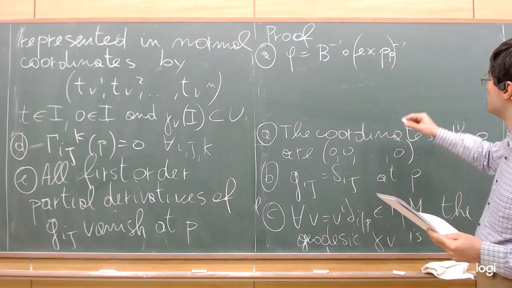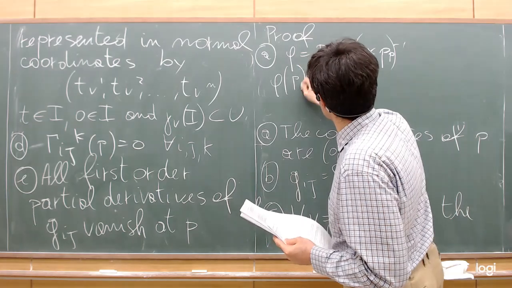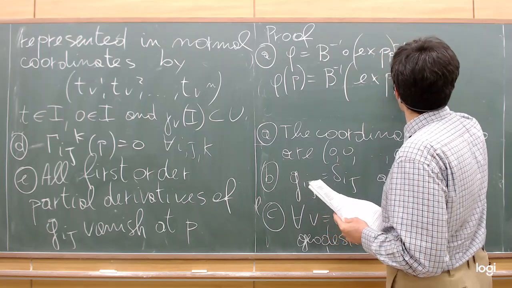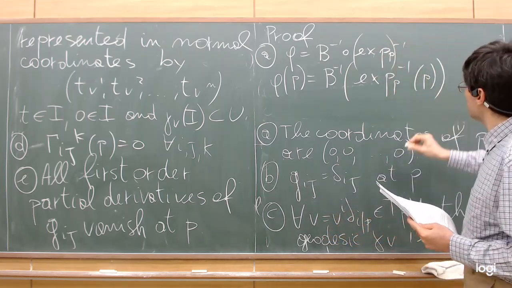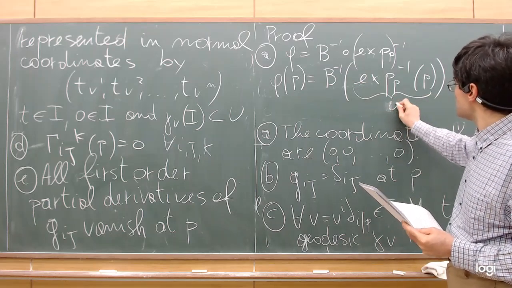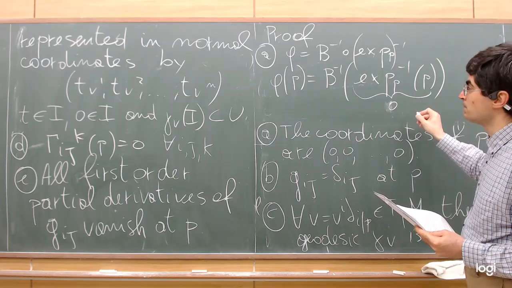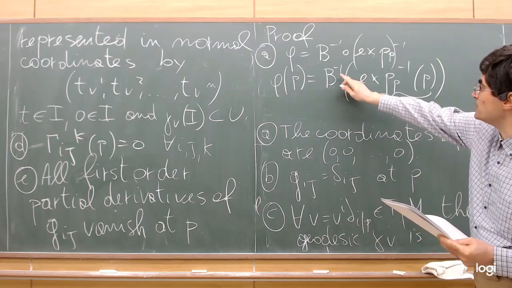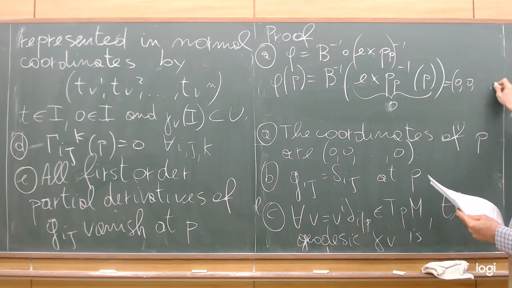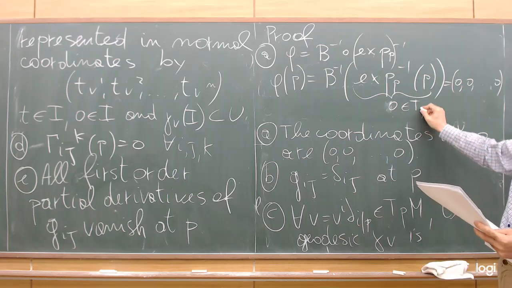So you just observe that phi of p is B inverse of 0, and the B inverse of 0 is 0, 0, 0, where this 0 here is a vector in T_pM.